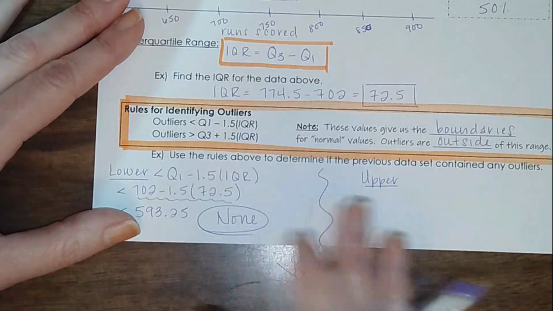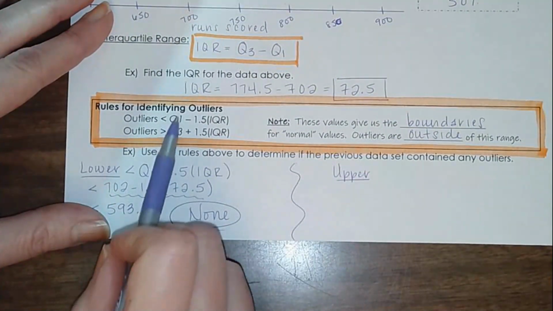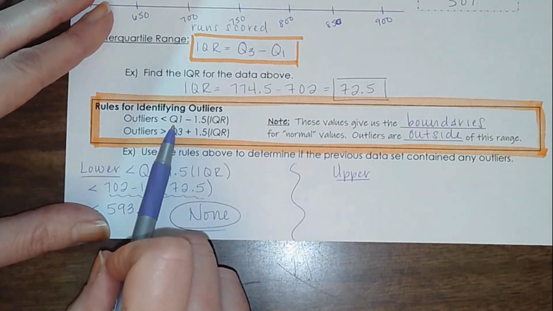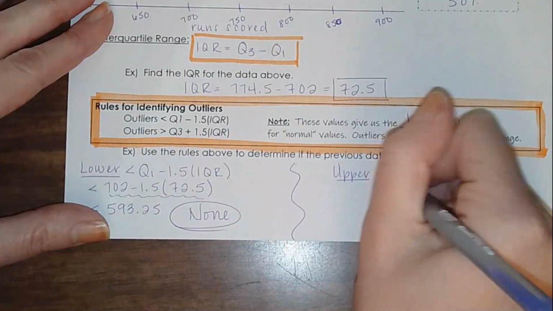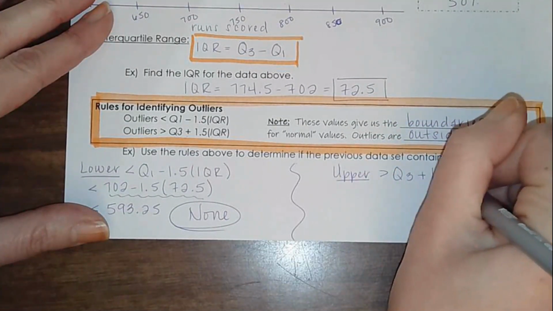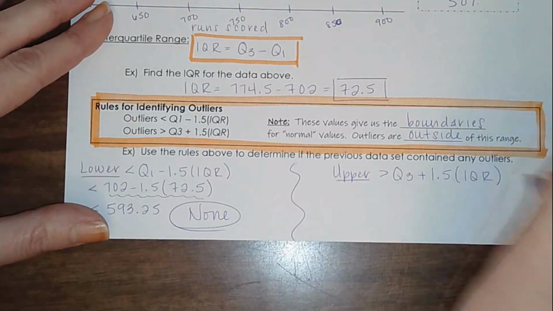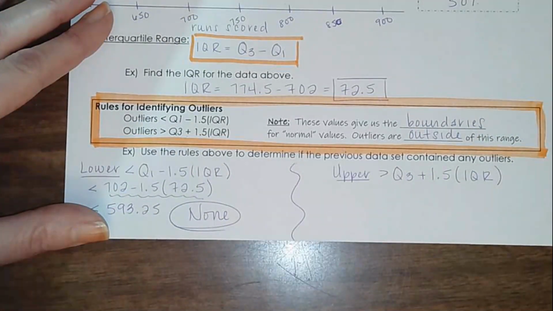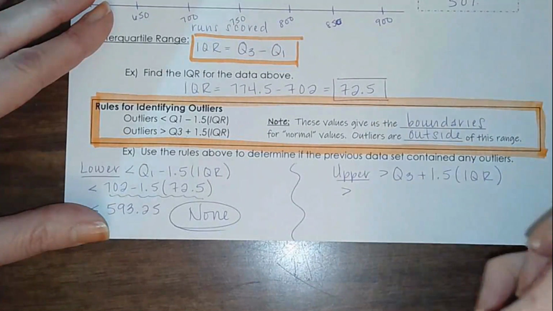Now we're going to check the upper direction. Outliers in the upper direction, it's a similar formula, but instead of using Q1, since it's the upper direction, it uses Q3 and plus. So they would need to be greater than Q3 plus 1.5 times IQR. So greater than, what was Q3 from above?